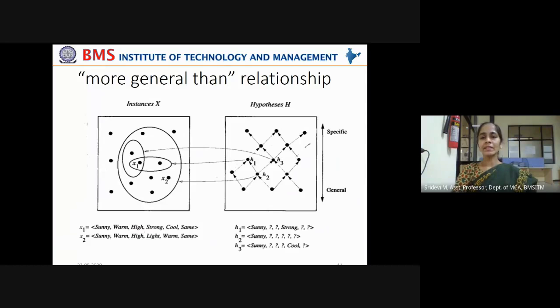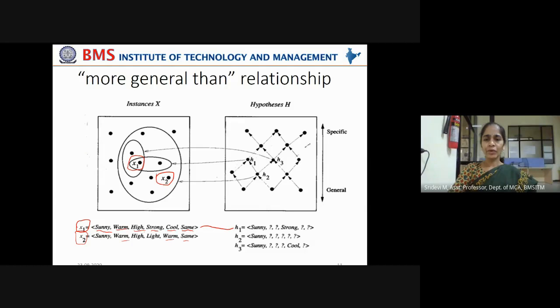Now let us see this with an example. Now take the first instance x1 where certain climatic conditions are given: sunny, warm, high, strong, cool, and same. That is represented by x1 in the diagram. Okay. Now let us take another instance x2, sunny, warm, high, light, warm, same. That is represented by x2 in this diagram. Now how can the hypothesis be written?